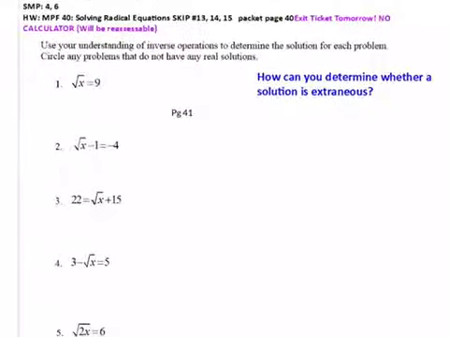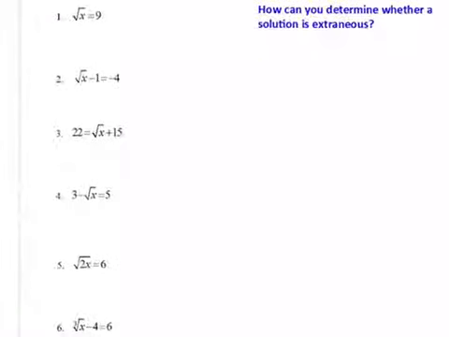Okay, so now we're going to do number 2. Before you can do any operation to the radical, you have to isolate that radical first. So to do that, we're going to add 1 to both sides, and we'll get the square root of x equals -3.